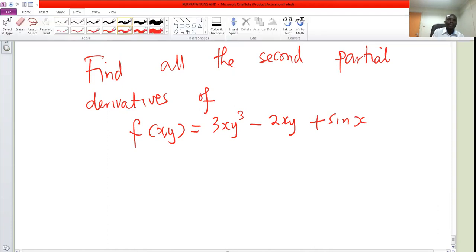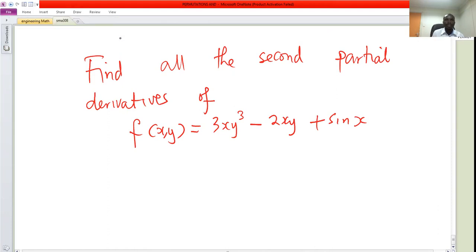So to get the second partial derivatives, you have to start with first partial derivatives.